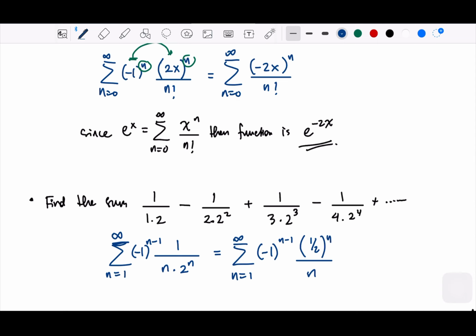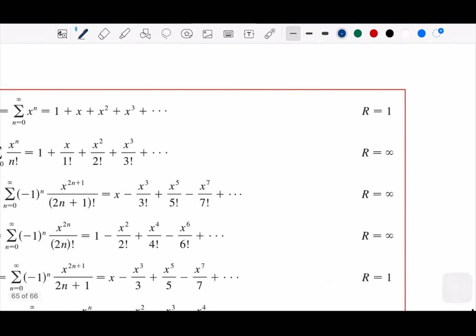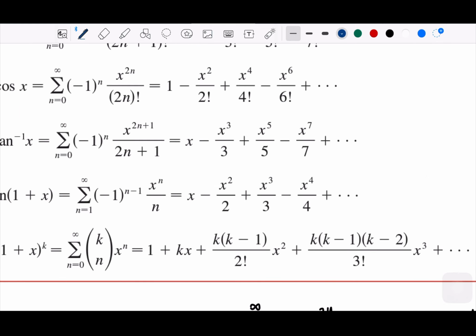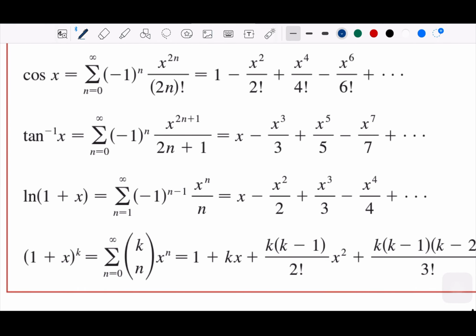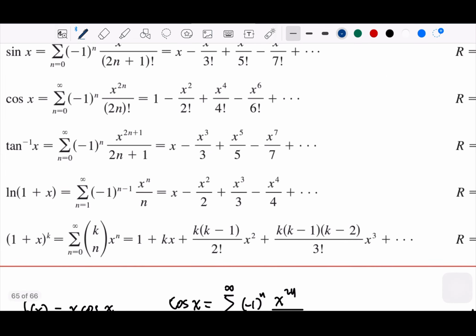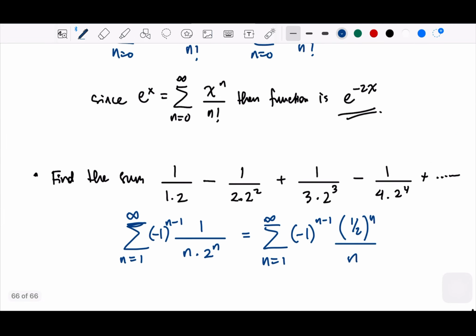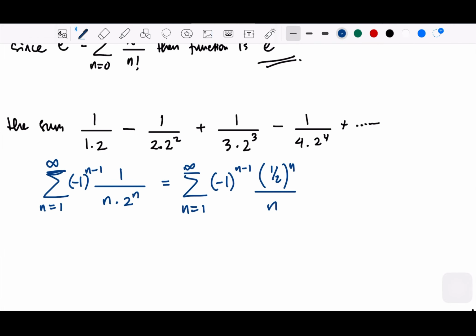If you look at the terms that we've got from this series, we got this particular term for ln, right? Remember, this n equal 1 is because of the integrations, right?